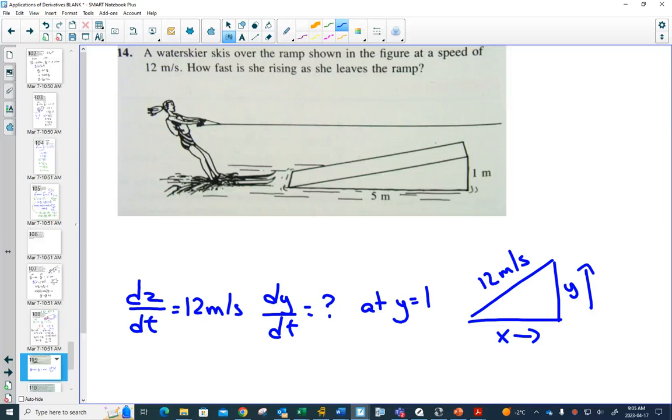So here's the start of our setup. But when I look at this, this is a right-angled triangle question, but it has y changing and it has x changing. And they want us to find dy/dt, but it feels like we don't have enough information because we have no information about x.